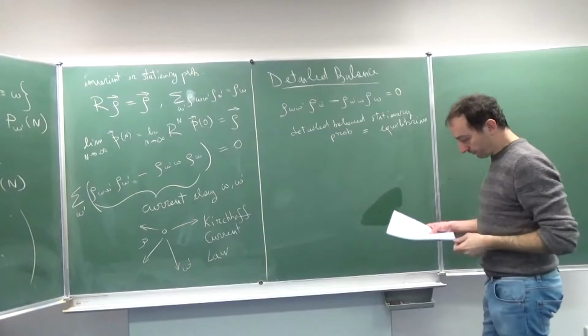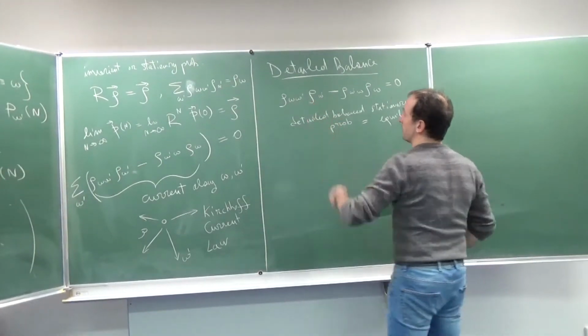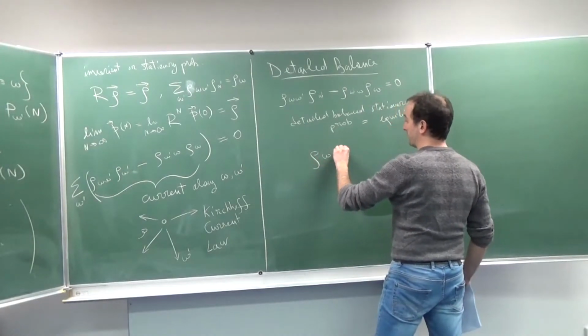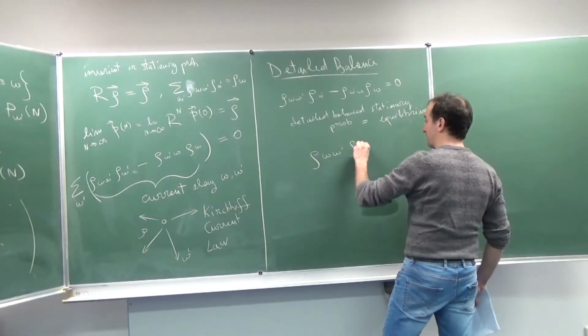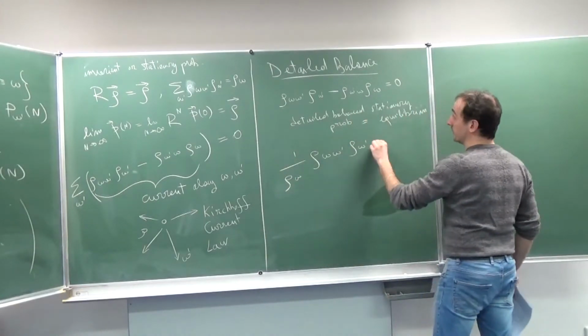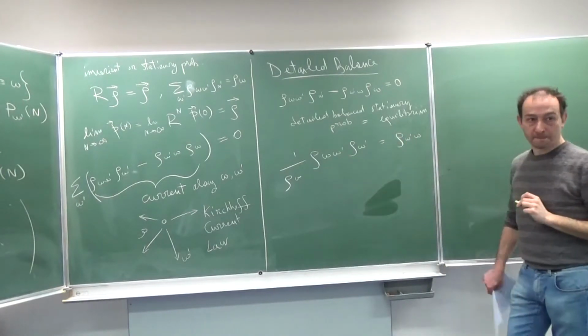And notice that we can manipulate this expression as follows: rho omega prime omega prime 1 over rho omega equal rho omega prime omega.